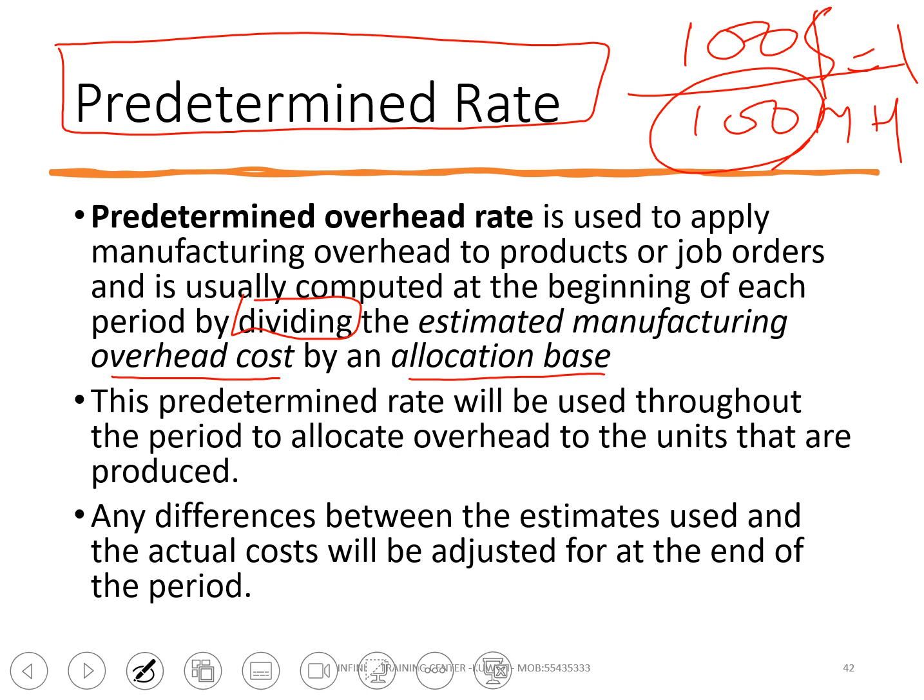But imagine instead of the estimated $100,000 of overheads, you spend $110,000. So on one side you are spending $110,000 and on the other side you are applying only $100,000. We will see the example later.